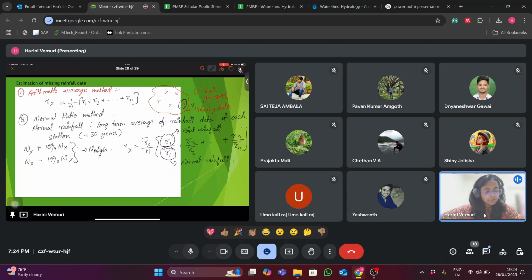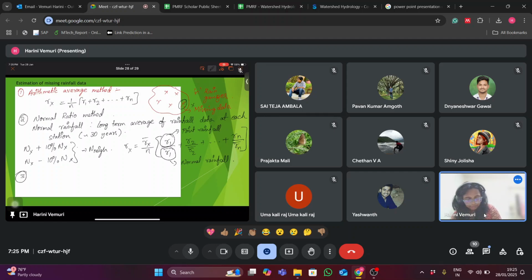So here R1 means the point rainfall at station 1, and R1 bar means normal rainfall at station 1. Normal rainfall, as I have told, we take as the average over a long-term period, that is 30 years. For 30 years of rainfall data for station 1 we take an average, then we get normal rainfall for station 1.